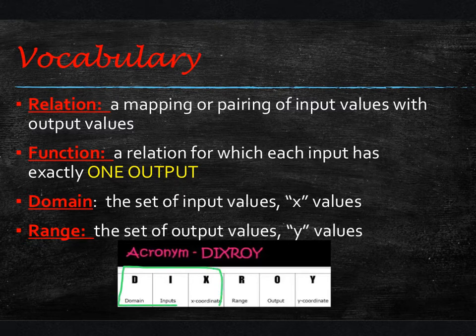D is domain, which represents your input, which is also your x coordinates. And then the last part of that acronym is ROY, R-O-Y, and all of these go together. The range is the outputs, which are your y coordinates.